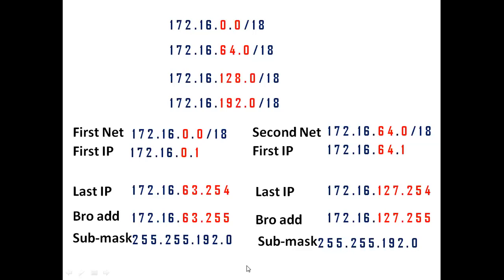So do you have any question here? Sir, actually, the third octet last IP is 172.16.63. You are asking about the first subnet or the second subnet? First subnet, sir. The first subnet will be 172.16.0.0/18, and the first IP will be 172.16.0.1.